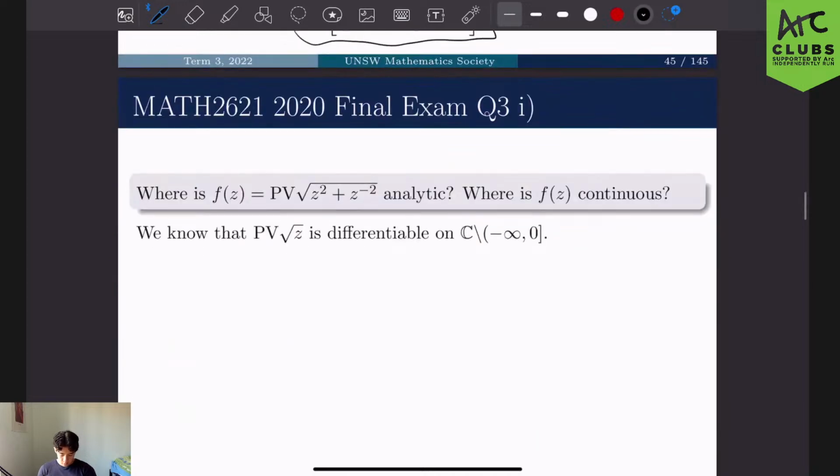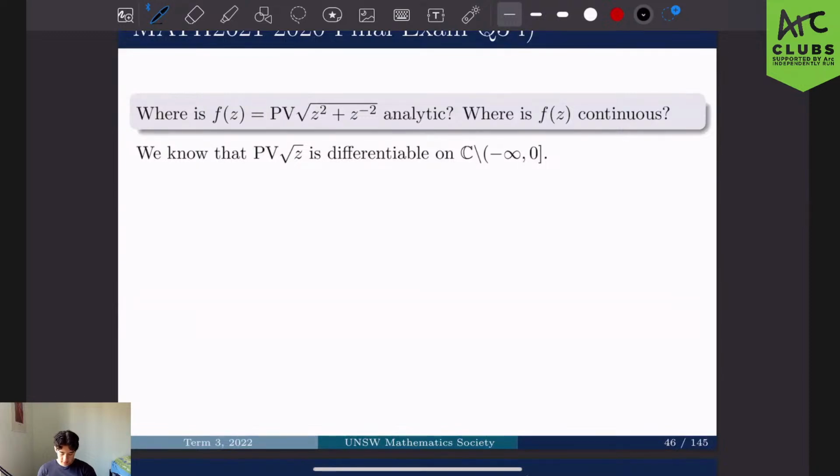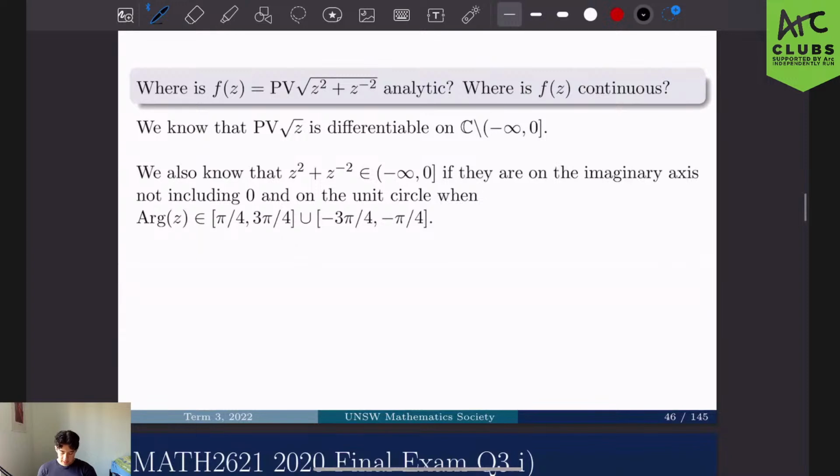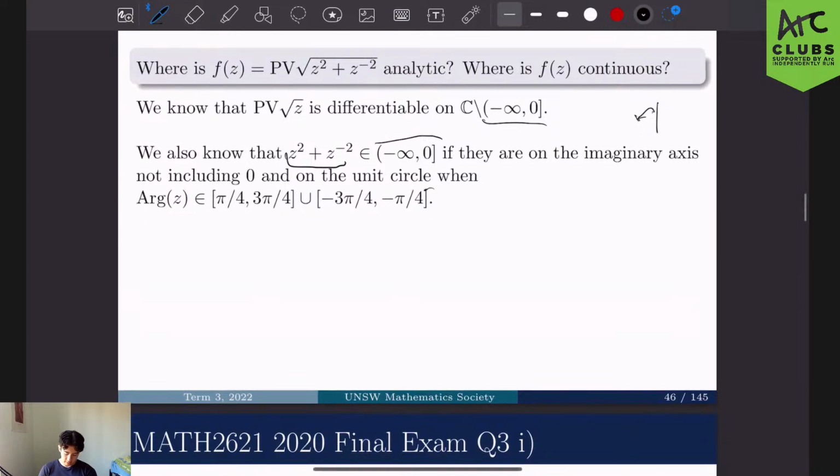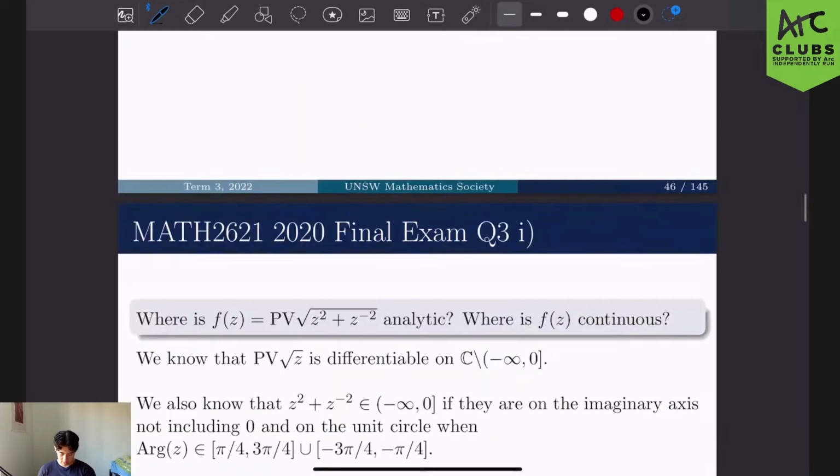Okay, so we know that the principal value of the square root is differentiable on this area, and we also know that the inside of the square root is in this same range if it is on the imaginary axis, right, because of that 2 theta thing, not including 0, and on the unit circle when the argument is in this range here.